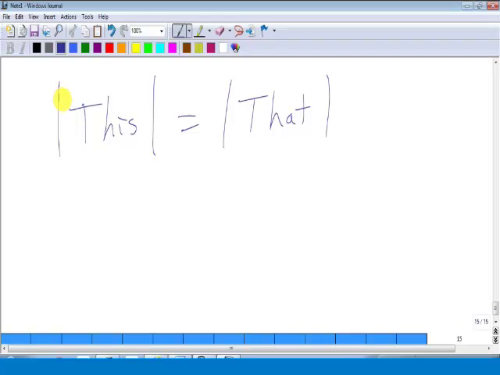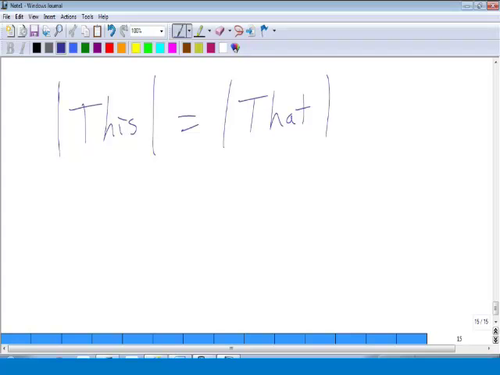Two ways this might be true. What's one of those ways? Do the same thing that you would do previously. Well, what's the relationship between this and that that would make this a true statement?